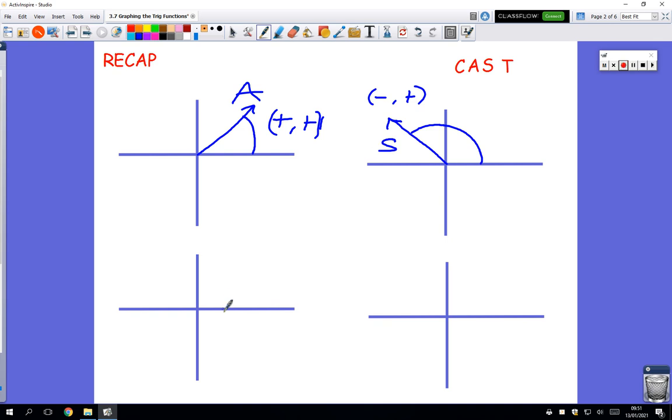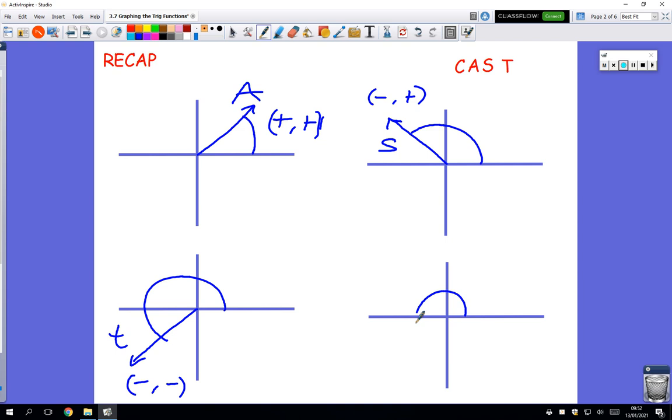If I sweep an angle into the third quadrant, I remember that both x and y are negative, so y over r, sine, will be negative, x over r, cosine, will be negative, but y over x, the y coordinate divided by the x coordinate, will be a negative divided by a negative. So y over x will be positive, so tan will be positive in there.